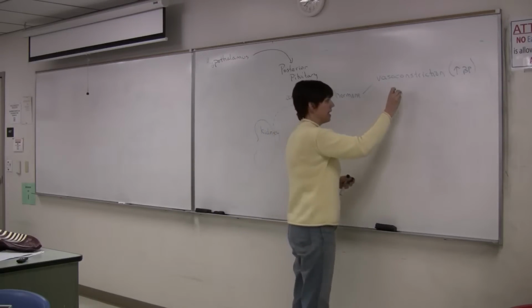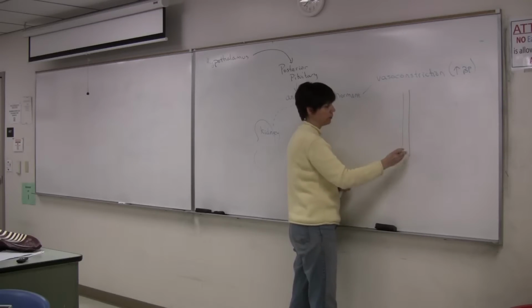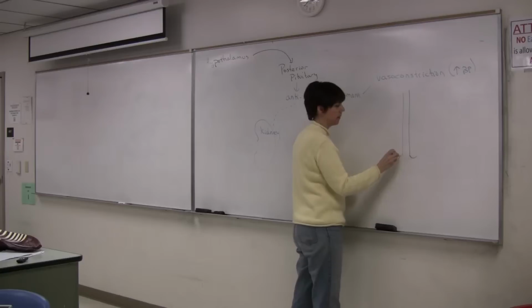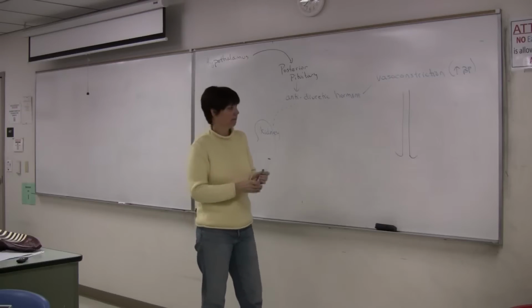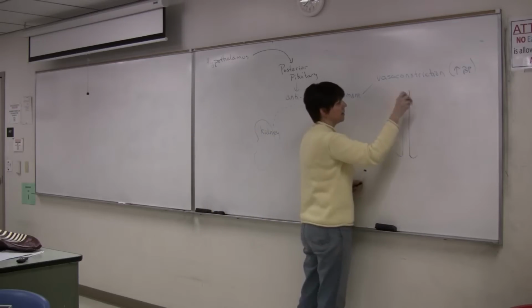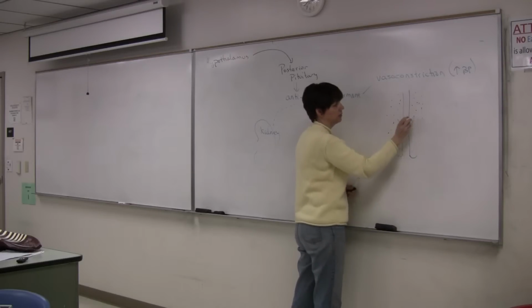But in the kidney, we have this filtrate passing down through a series of tubes to empty into what's eventually going to become the ureter. On either side of all these tubes is an increasing concentration of particles, primarily salt, sodium and chloride ions.